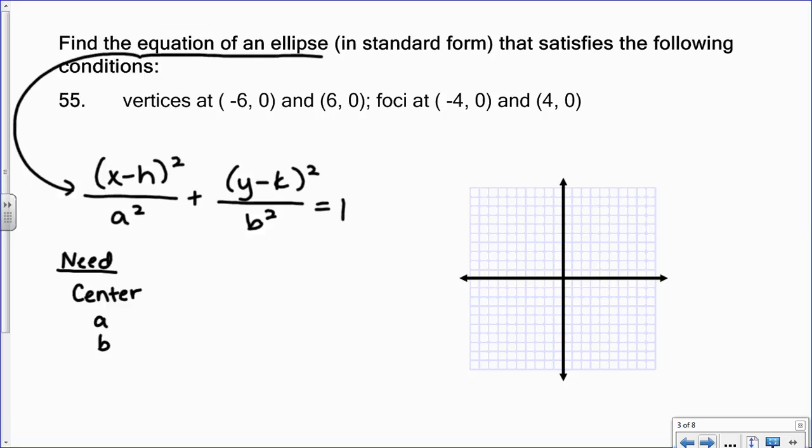So let's figure out what I have. I have vertices at negative 6, 0, and 6, 0. Okay. And I have foci at negative 4, 0, and 4, 0.